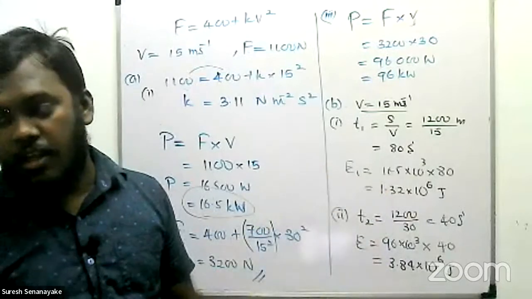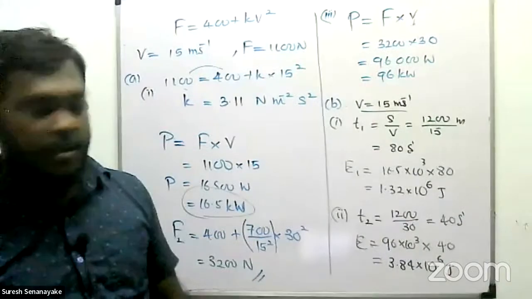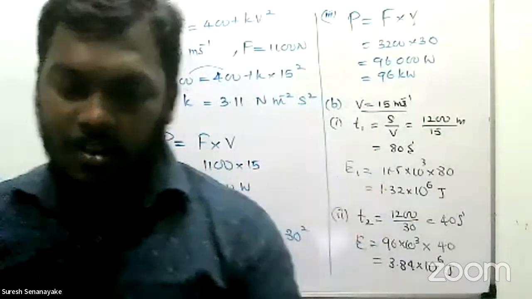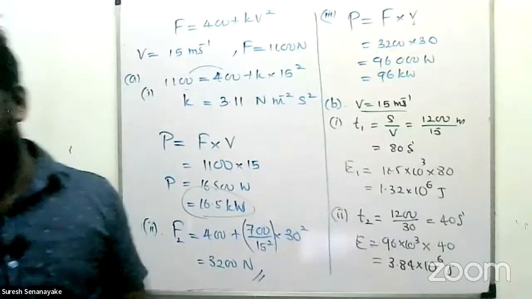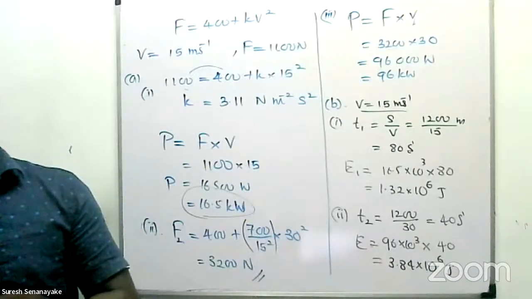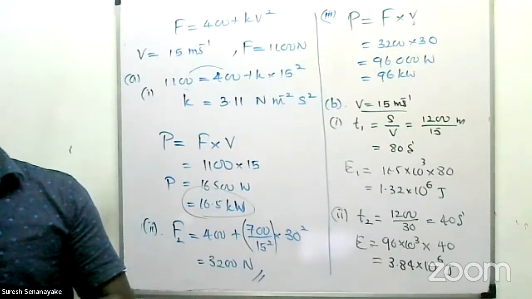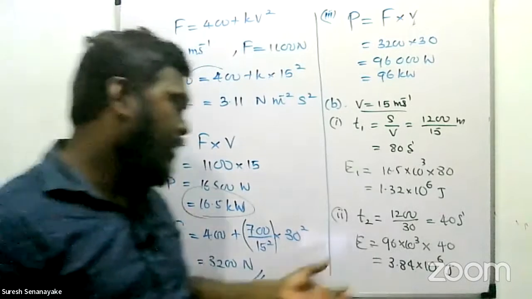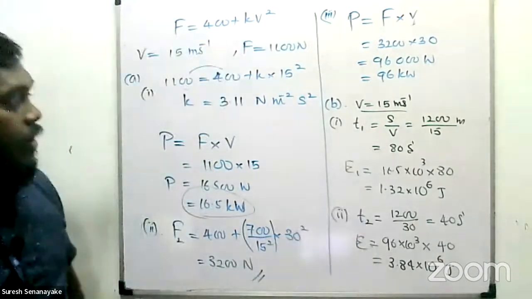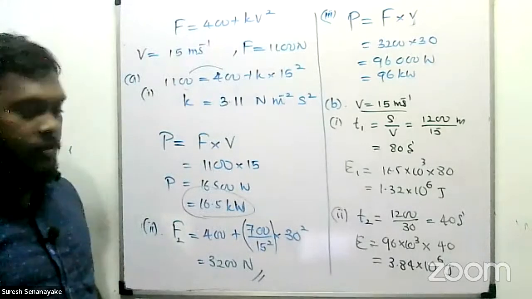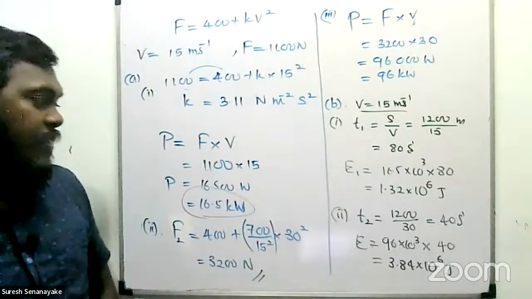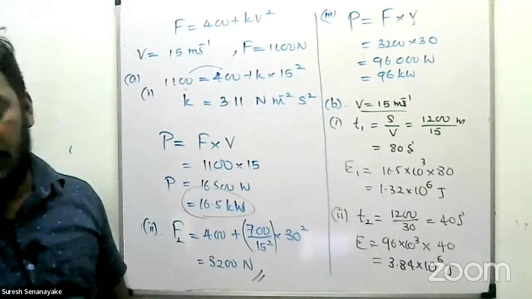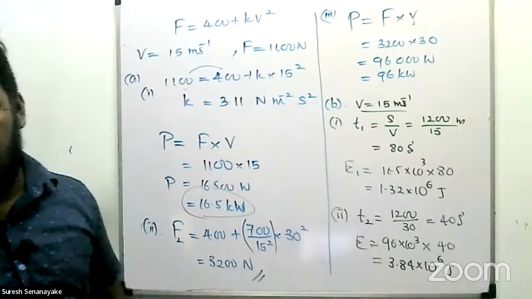That means in a fuel shortage, it's better to travel with small speeds, right? So using the answer, you can write that the maximum permitted speed of cars may be reduced. You can write according to the answers in part B.